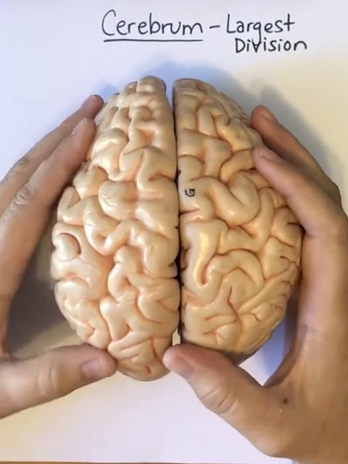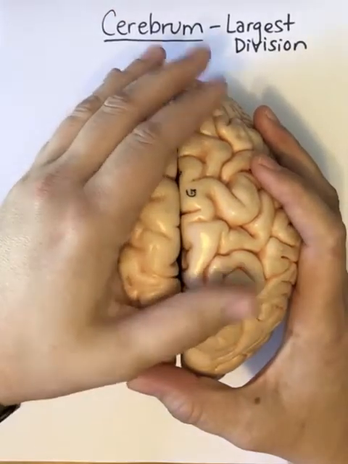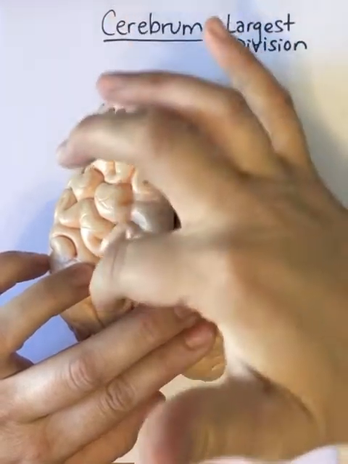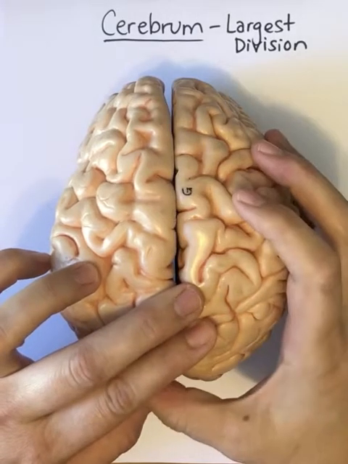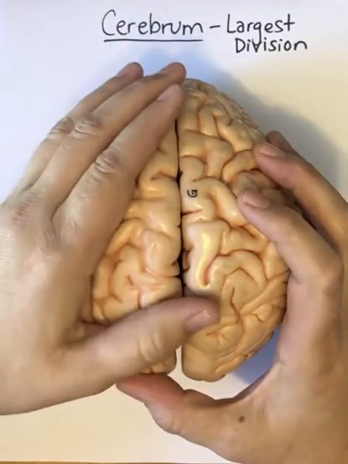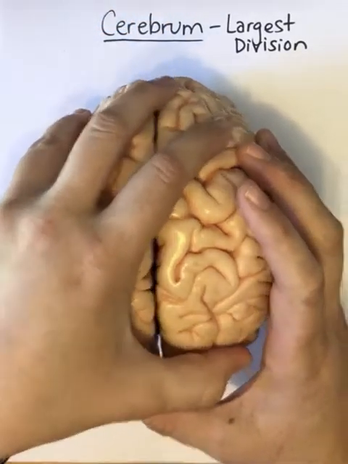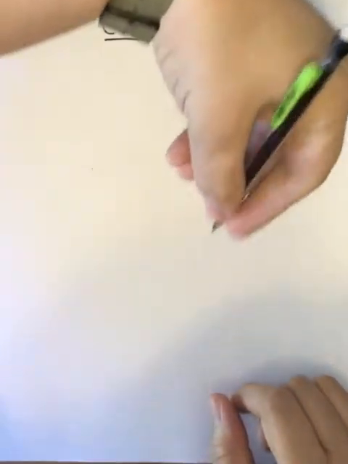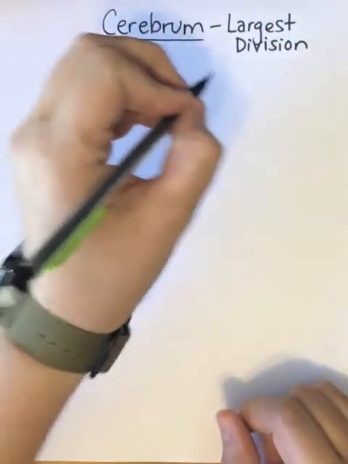Now, when we talk about cerebral hemispheres, most people are going to be left hemisphere dominant. If you're right-handed, you use primarily your left cerebral hemisphere. Even if you are left-handed, 64% of left-handed individuals are left hemisphere dominant. That's mostly because most left-handed individuals are going to write like this, as opposed to writing up and down.